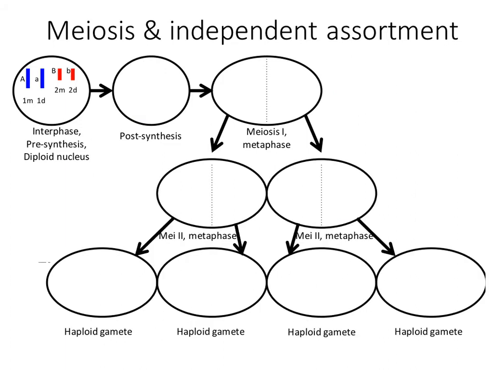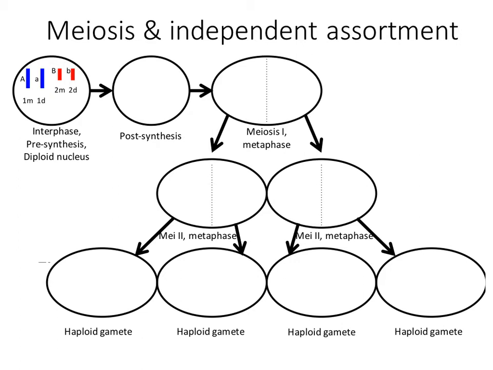And the outcome of that, this is why we wind up getting all of those random combinations of alleles that you see when you have an individual that's big A over little a, big B over big B, big D over little d, all that nonsense that I wrote on the quiz, is because the chromosomes are lining up independently. It doesn't matter if there are big A's and big B's in the same cell or not.